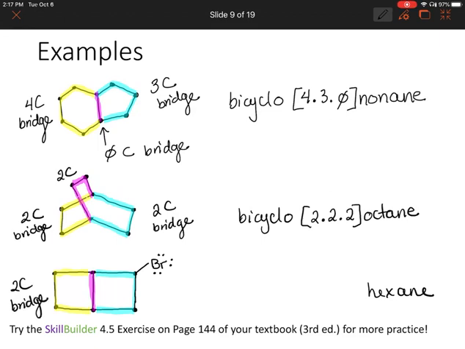How many are on the right in our blue bridge? 2. And how many are in the middle? 0. Okay, so that's very similar to our first example. So in brackets, we're going to write 2.2.0. So remember to list them from largest to smallest.